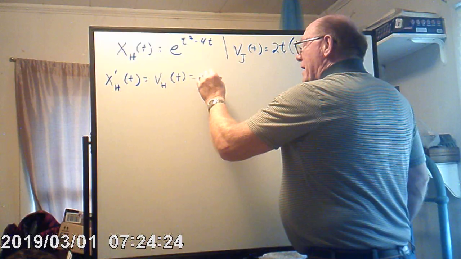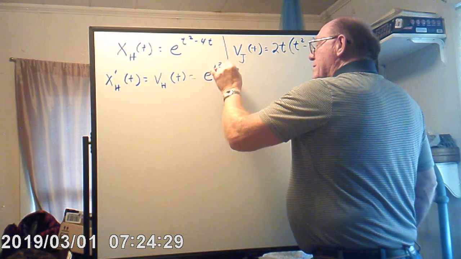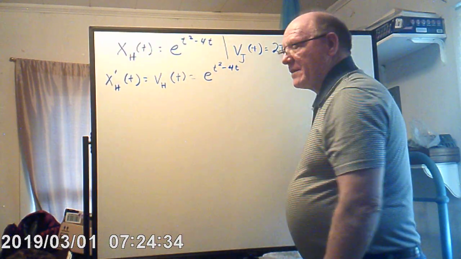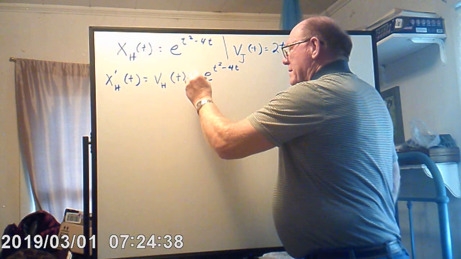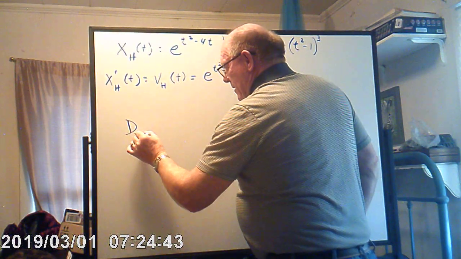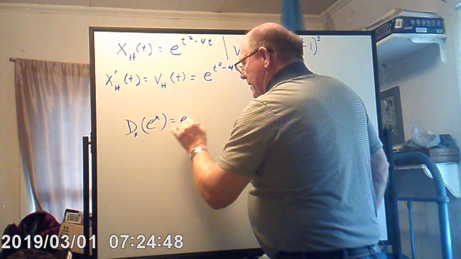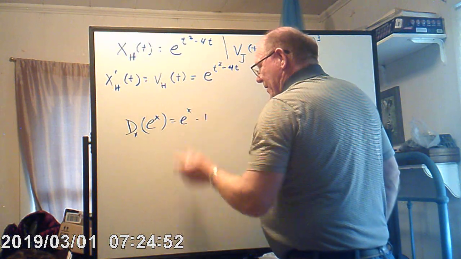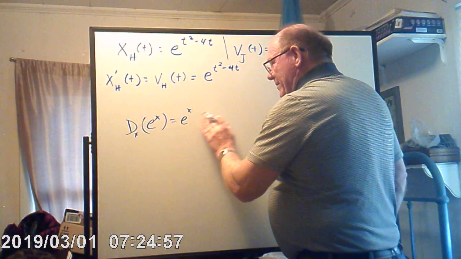Remember, do not just say e to the t squared minus 4t and not do any more to that. That's not a true statement. The derivative of e to the x is e to the x times the derivative of x, which is 1. So there is a real chain rule. We don't put the 1 there, it's just e to the x.